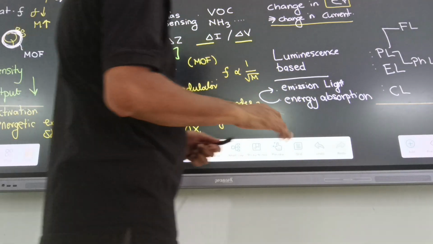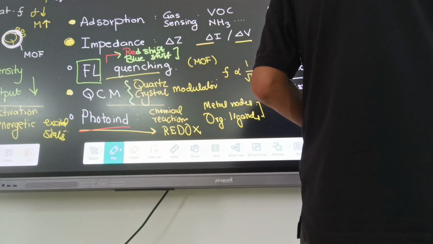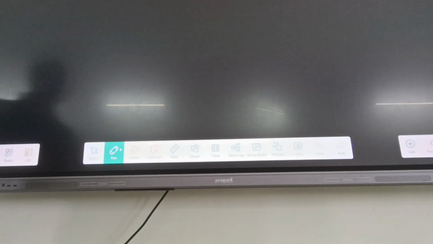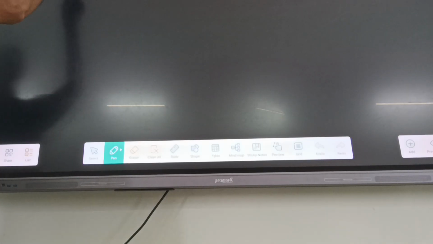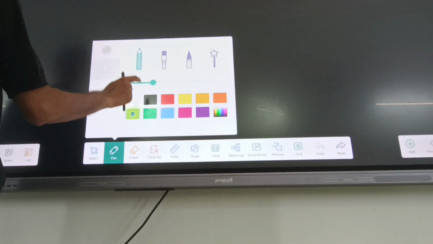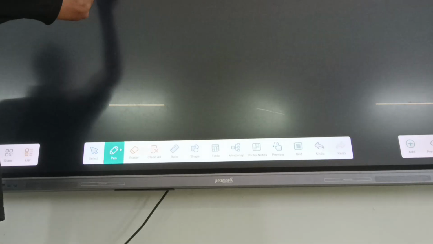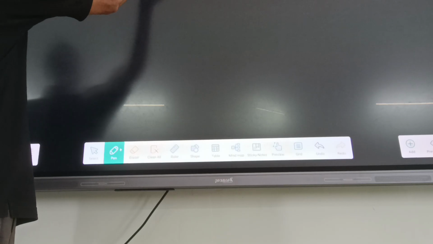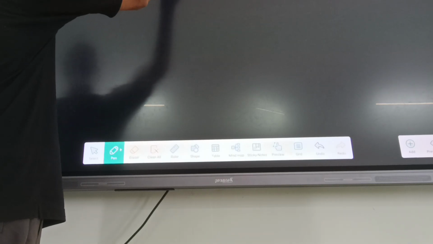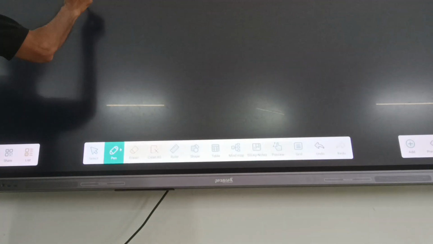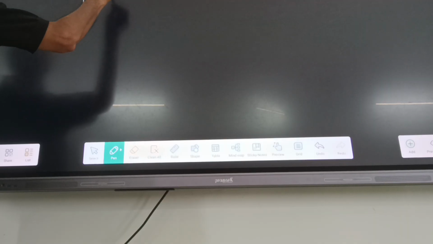So I will now discuss some important MOF based sensors जो कि बहुत recently discovered हुए हैं. हाँ ठीक. So recent studies. इसमें से first one is called ZIF8.